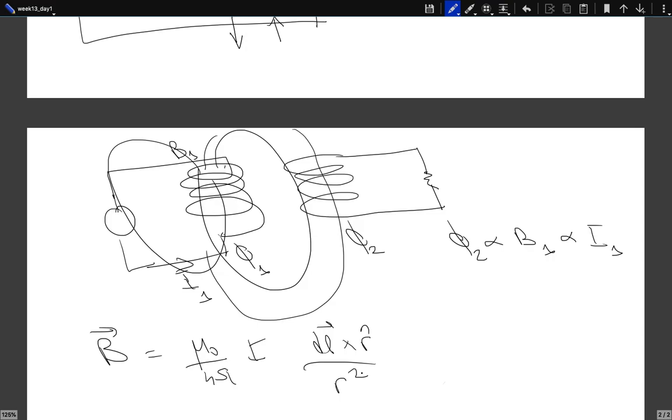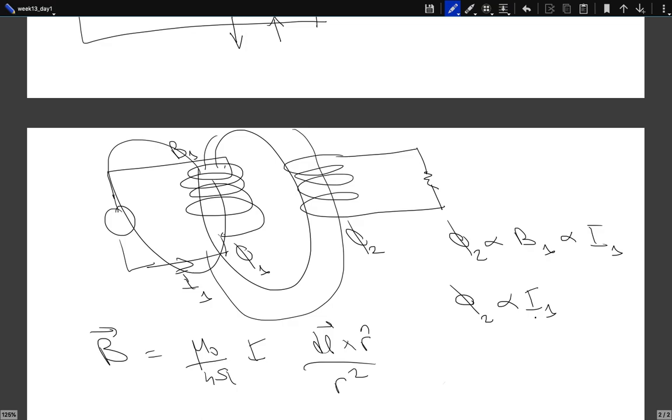So the magnetic field, no matter what the shape of the wire is, will always be proportional to the current. So the magnetic field in this coil will always be proportional to the current passing through this first circuit. And the flux is magnetic field times the area. So the flux in this circuit will always be proportional to this B1, which is itself proportional to I1. So this phi 2 will always be proportional to I1. So as long as you don't change the shape of your system, phi 2 will always be proportional to I1.